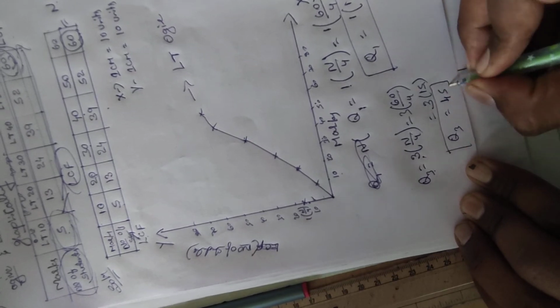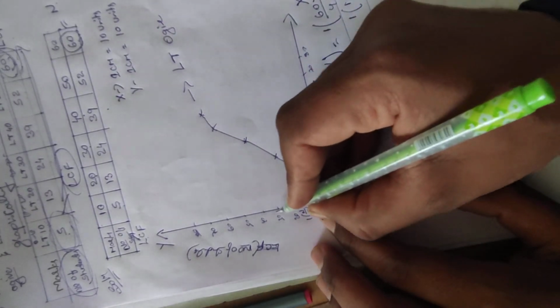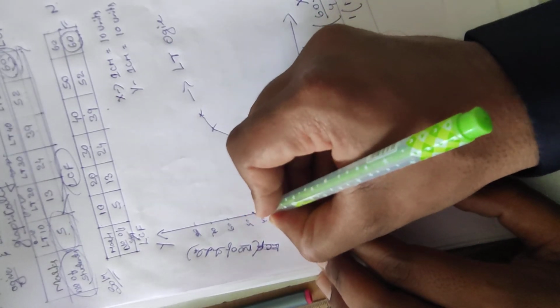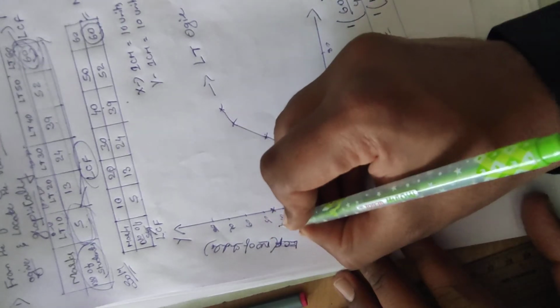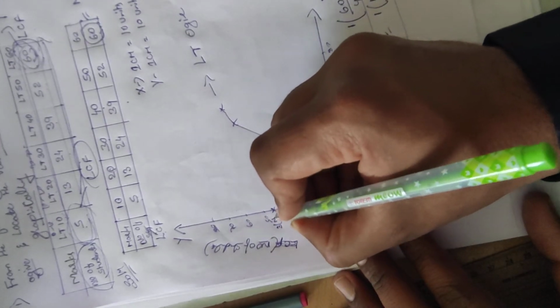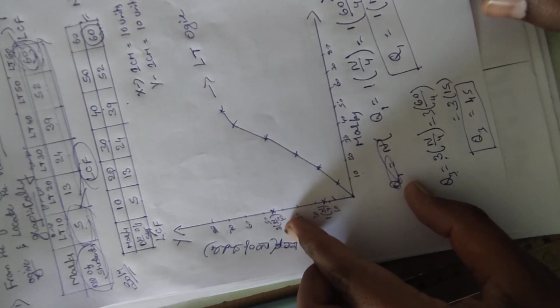Q3 value is 45. On the y axis we have to identify 45. 45 will come here. First we have to identify the values using 1 n by 4 for quartile 1 and 3 n by 4 for quartile 3.